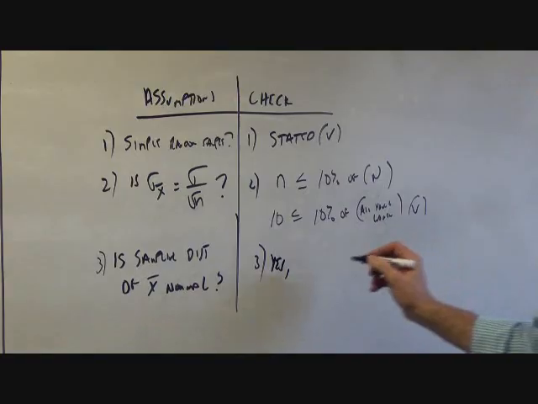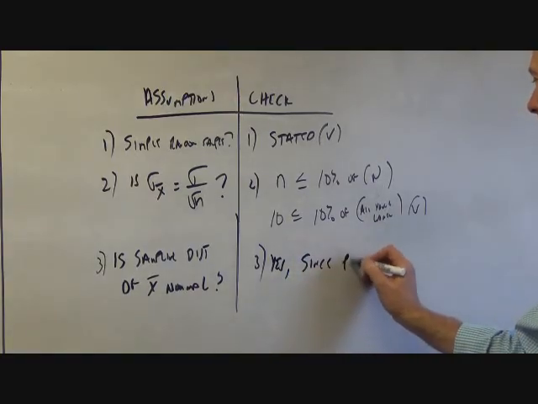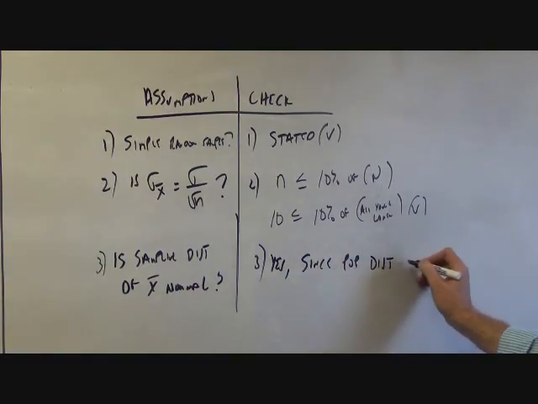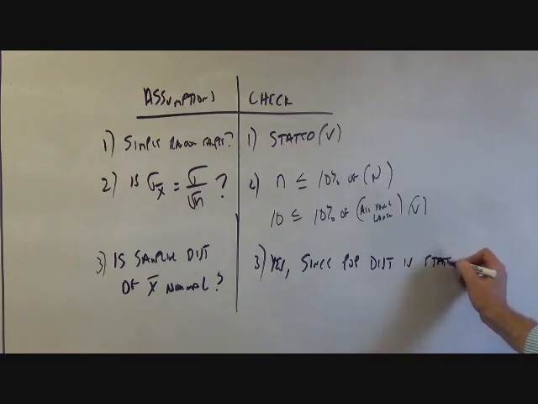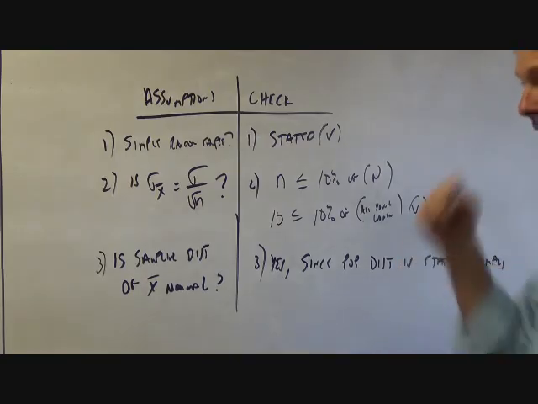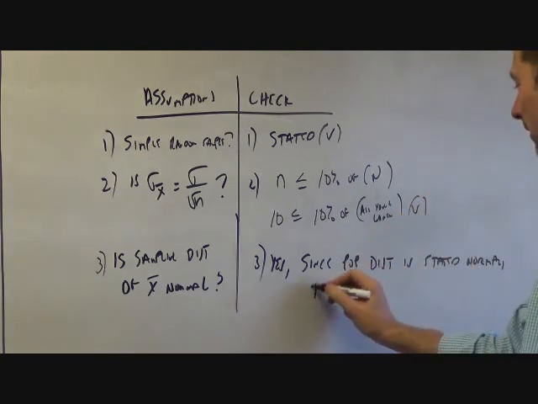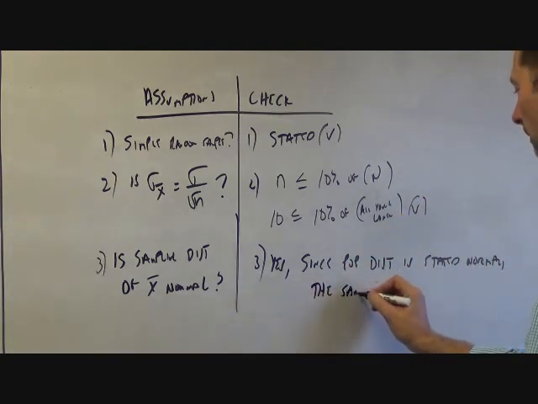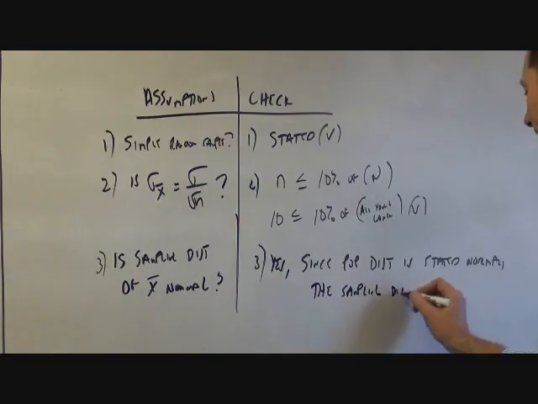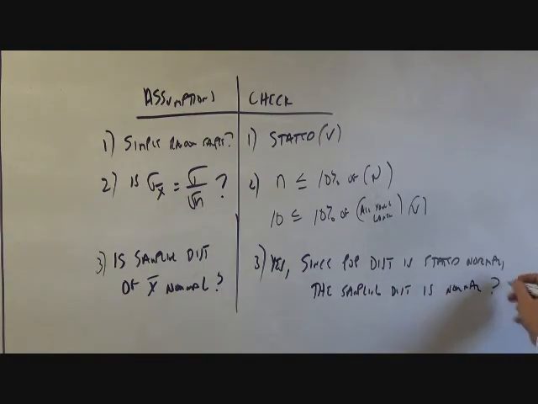And then, since the population distribution is stated normal, the sampling distribution is normal. Check.